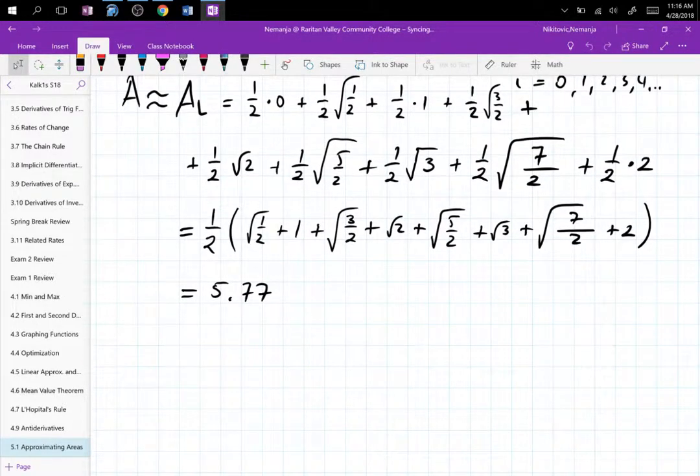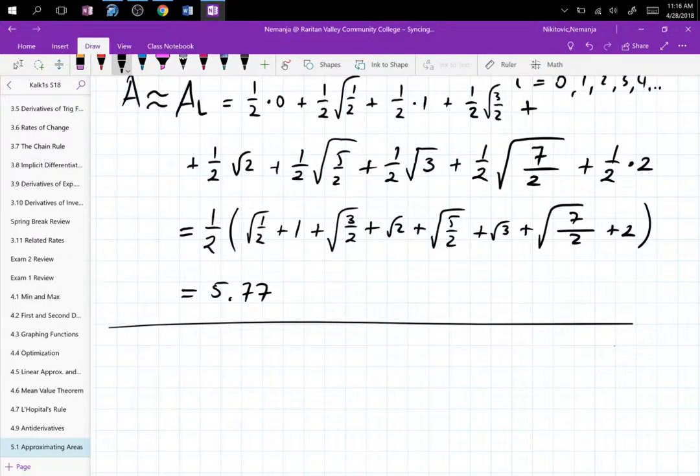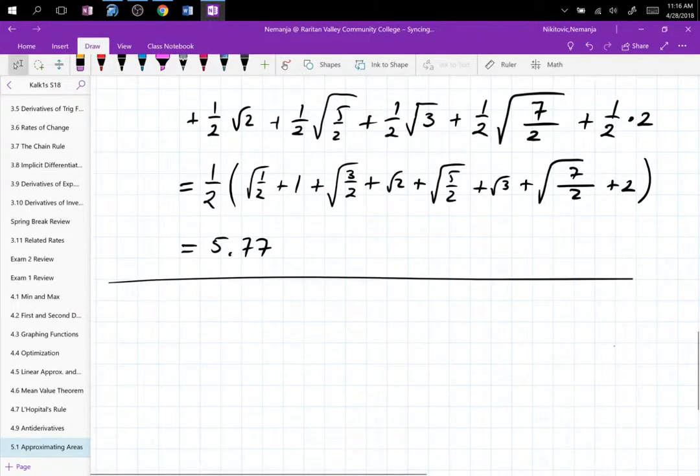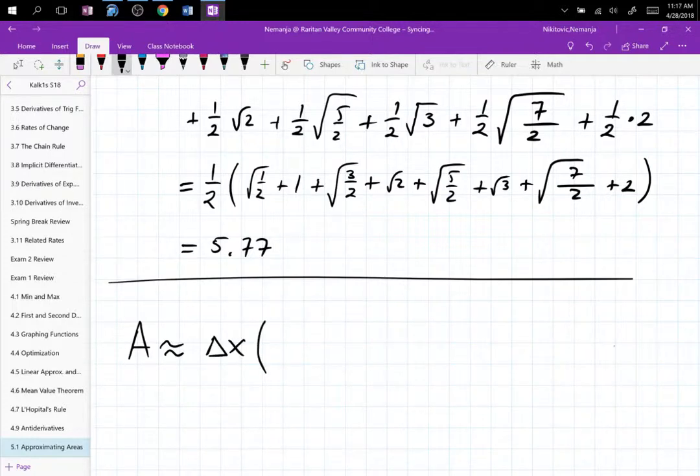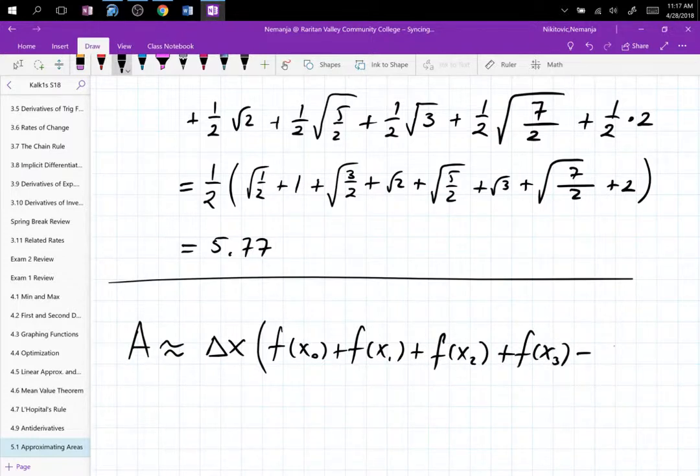So now I would like to just write this in a concise form so that we don't have to write this over and over and over again. The first thing we're going to do is say that the area is approximated by, and you know that we are supposed to pull delta x out, and what's left is f of x0 plus f of x1 plus f of x2 plus f of x3 plus ... going on to f of xn, whatever the amount of rectangles.